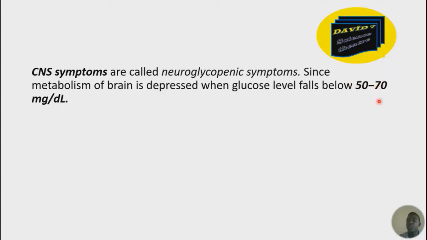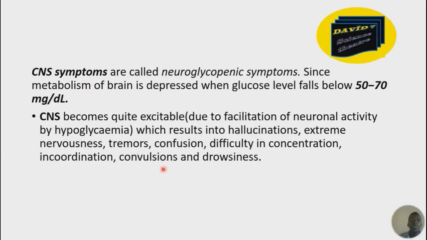So if the glucose levels go below 50 to 70, metabolism of the brain is affected, and the CNS becomes quite excitable, due to facilitation of neuronal activity by hypoglycemia, which results in hallucinations, extreme nervousness, tremors, confusion, difficulty in concentration and coordination, convulsion, which is the major symptom we see, and drowsiness.